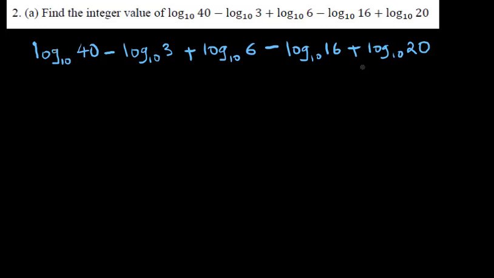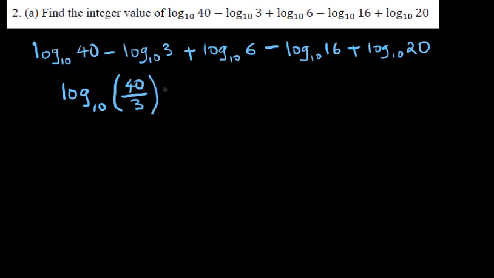So we are going to use the logarithmic rules that we learned earlier, and apply them in solving this one. We know the base is the same, and there's the subtraction sign. So this is the same as log of 1040 divided by 3.